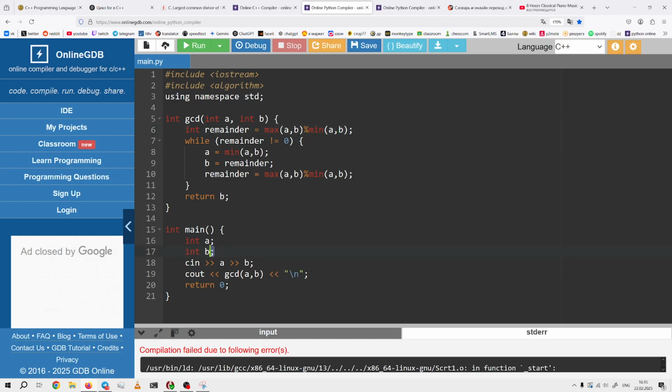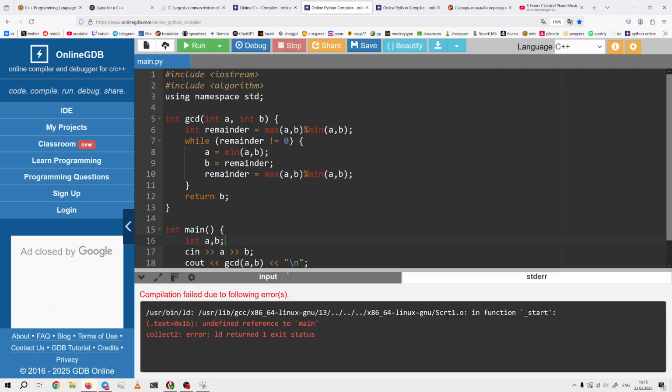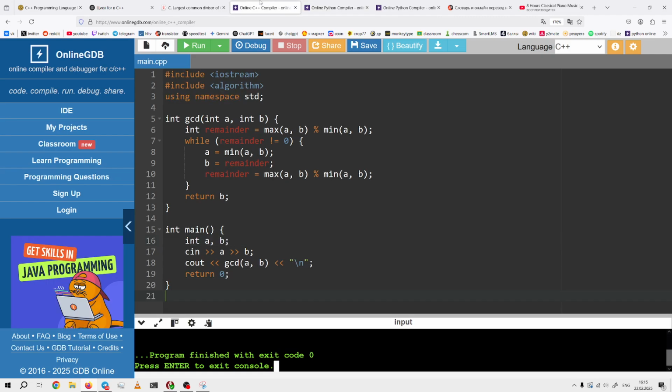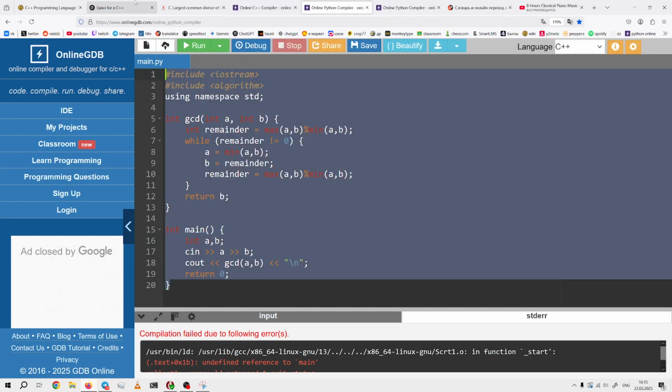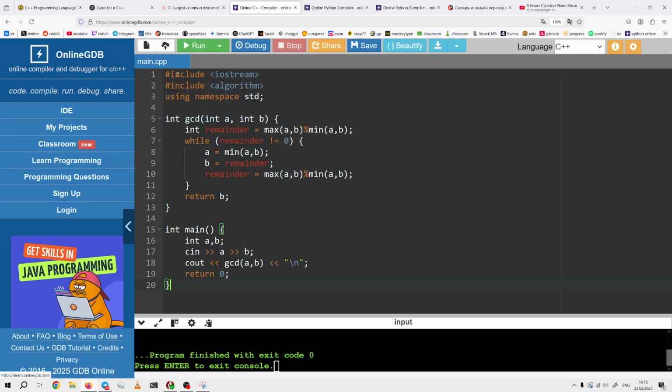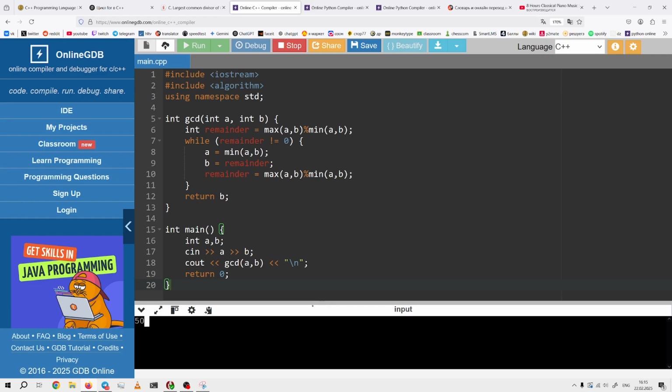Int AB maybe. Okay. Int AB? No. Bro, what is? They are identical. Okay, let me know. Wait, what is wrong with this compiler?